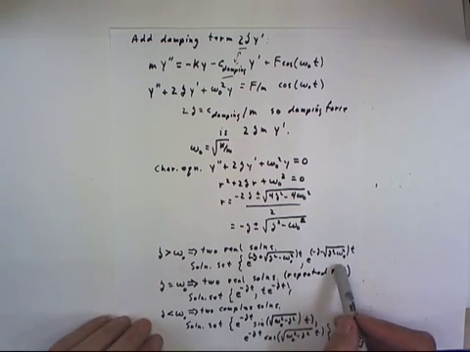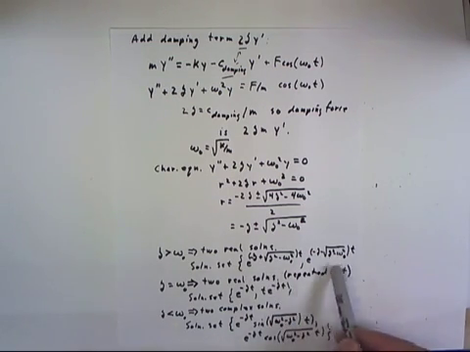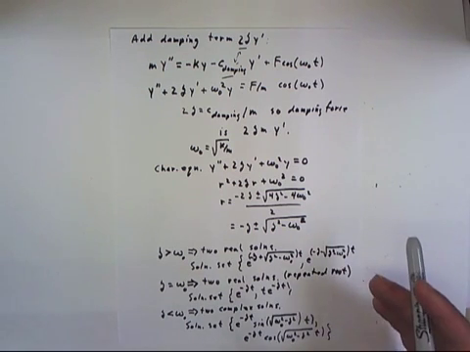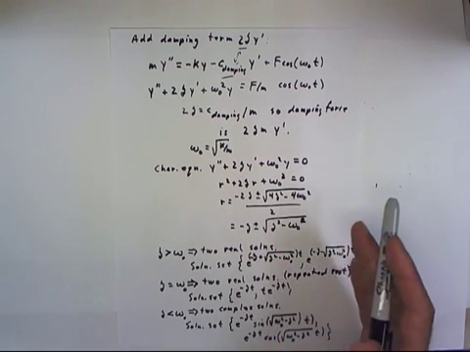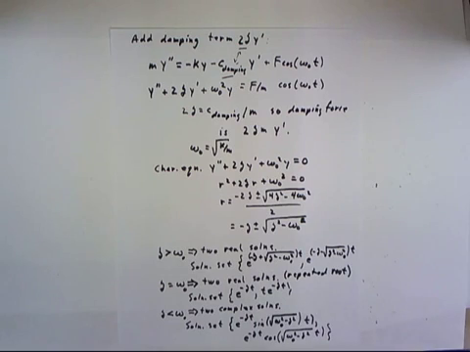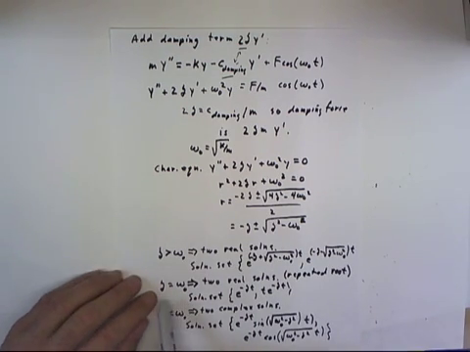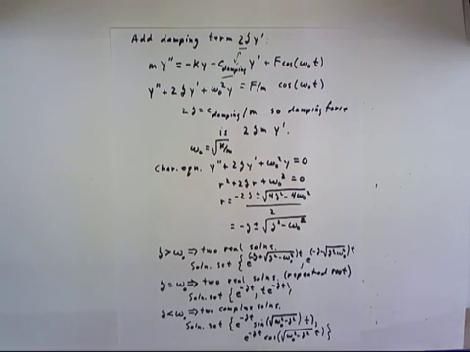And these solutions are kind of dull. They don't oscillate, although they can lead to behavior that crosses the line and then comes back. But we also have the possibility that delta is equal to omega naught, that our drag force is just at a certain critical value where it happens to be equal to omega naught.